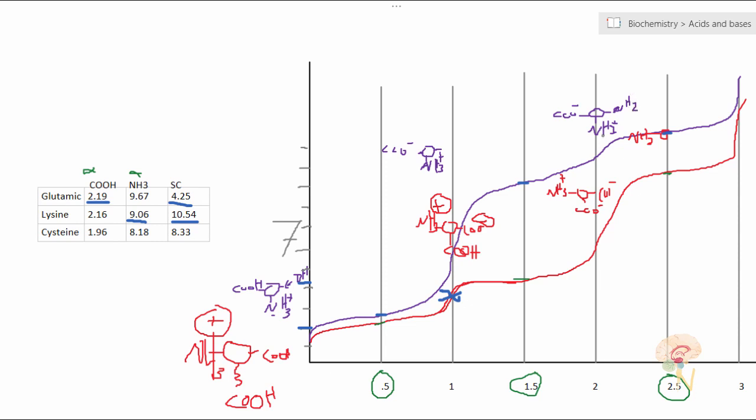And here we have the isoelectric point, because plus and minus balance each other and it will have a net charge of 0. And here I forgot to draw for this glutamic acid. Here this one will dissociate, so it will be COO minus, NH2 and NH2. It will have a negative charge.